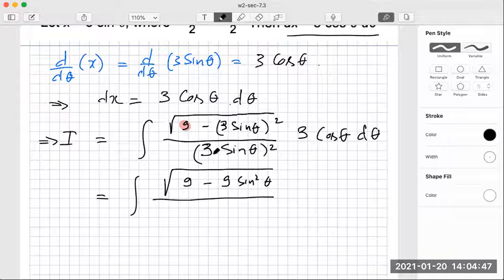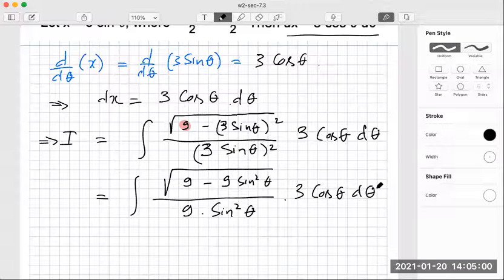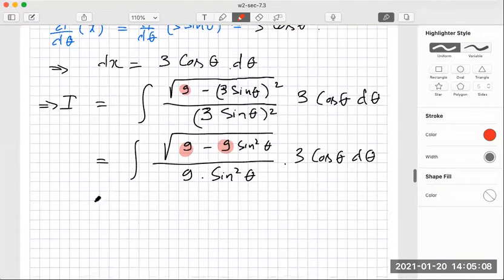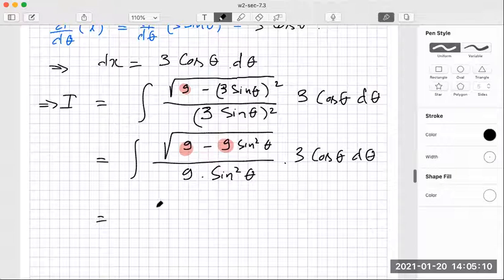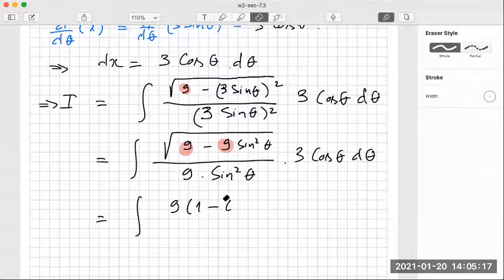And here, this will be 3 square times sine square, which is 9 sine square theta. And here, 3 cosine theta d theta, we just rewrite it. Okay, the like term is the number 9 here. Then it will be, what is it? Very good.